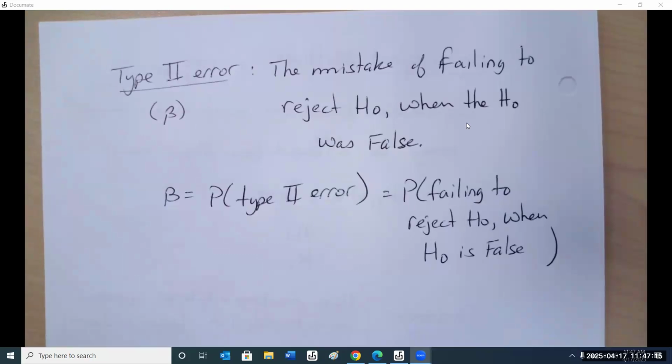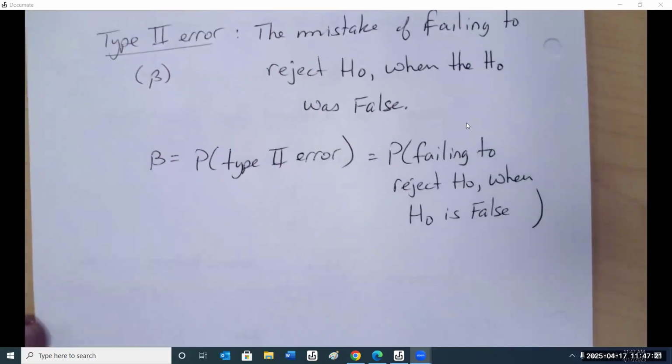So remember when we did that drug sample testing and people used drugs that weren't flagged? This is how it would look.